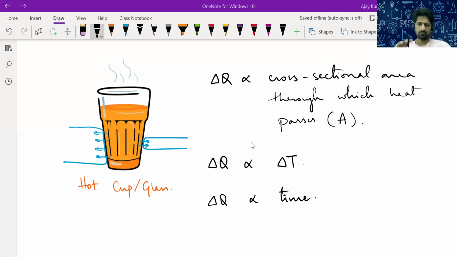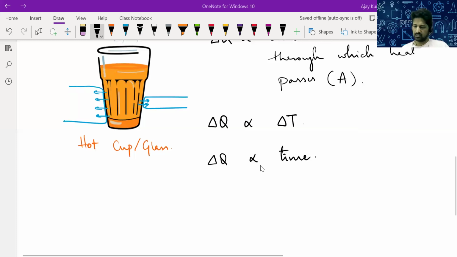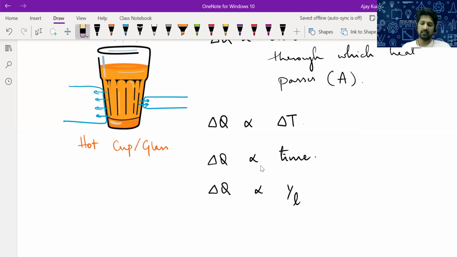Now again, from everyday experience, we can say that in a given amount of time, greater the distance by which heat has to pass, lesser the amount of heat that passes. So you can say in a certain amount of time, the heat transferred is inversely proportional to the distance by which the heat has to travel.